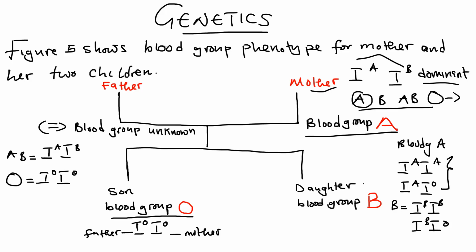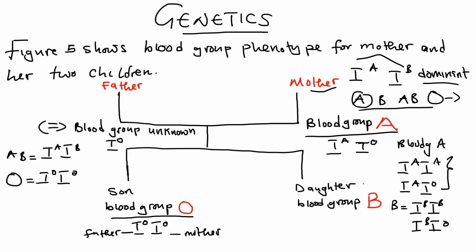So the mother contributed O, and the father also contributed O. The father should have an O allele in his blood group, and the mother should also have O. Now they are saying the mother is blood group A, so the only allele remaining is A. So this is the genotype of the mother.